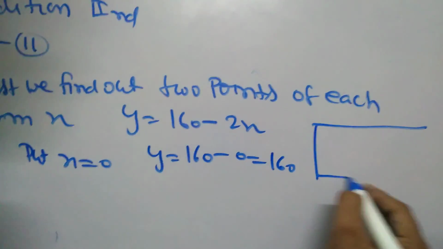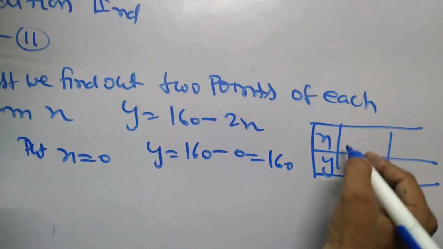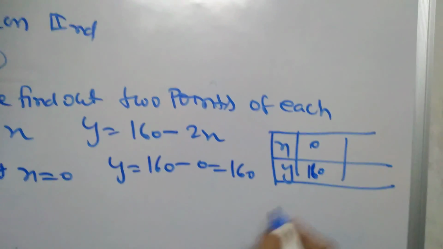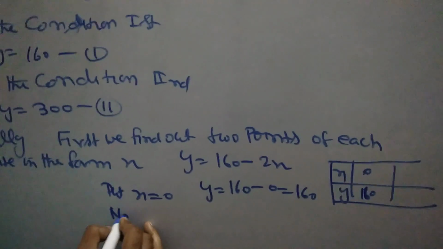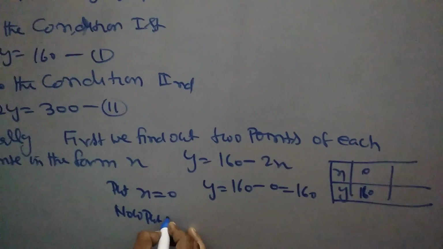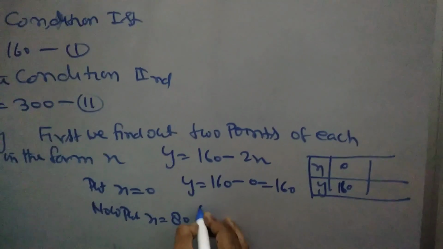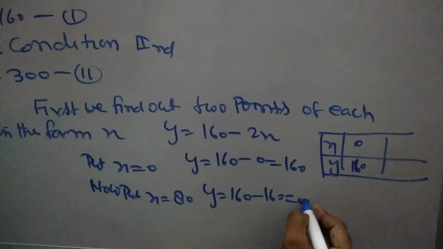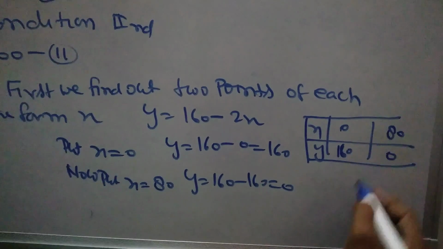So we get solution: when x equal to 0, y is equal to 160. Now put x equal to 80, y is equal to 160 minus 160 is equal to 0. So (80, 0).